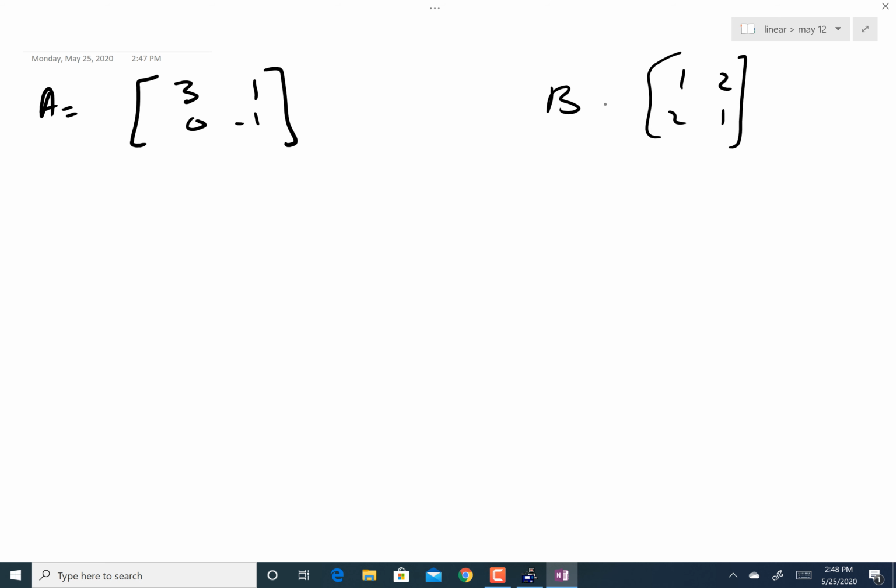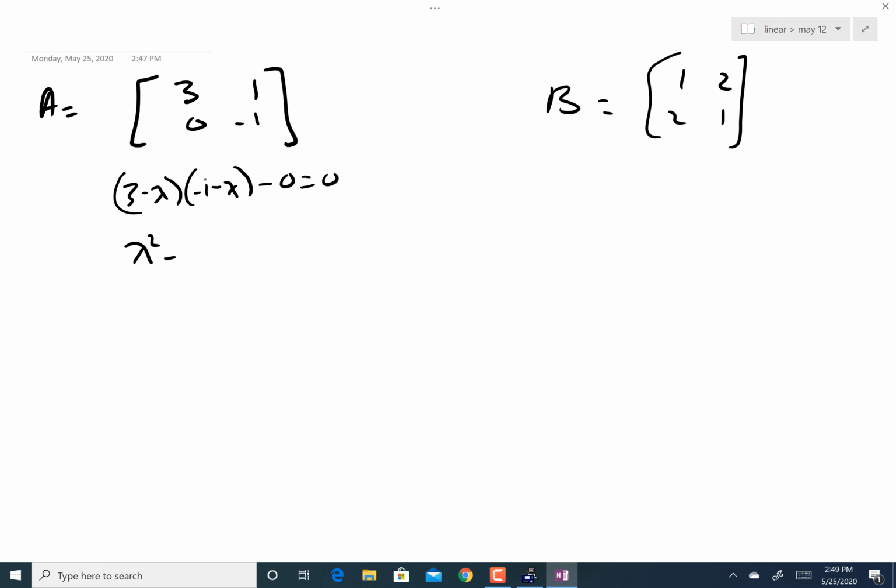So what I'm going to do is say this. My A is 3, 1, 0, negative 1, and my B is 1, 2, 2, 1. First thing I'm going to do right off the bat is find the eigenvalues. For A, 3 minus lambda times negative 1 minus lambda minus 0 equals 0.